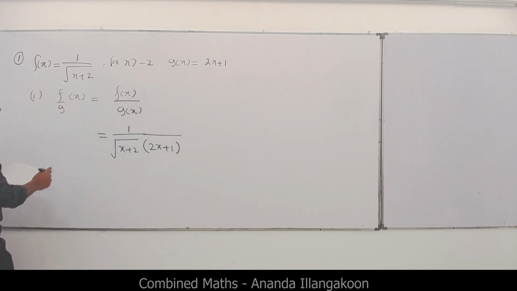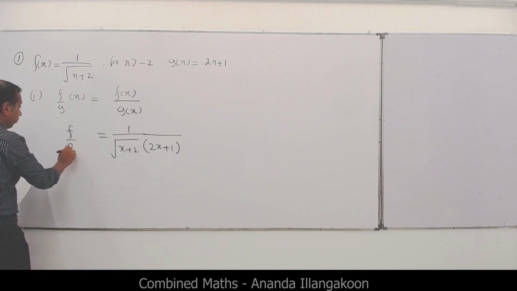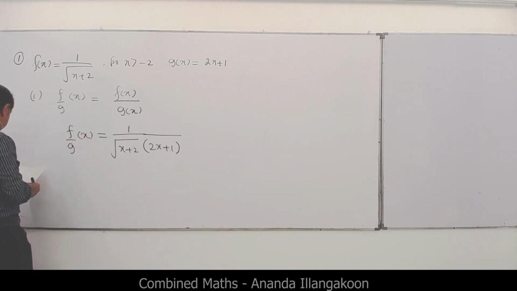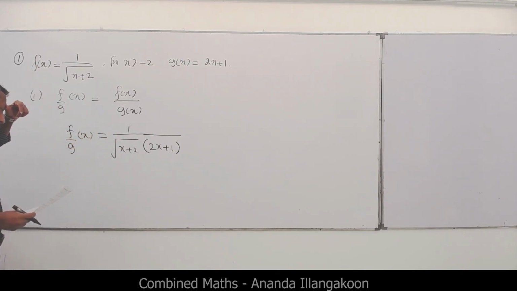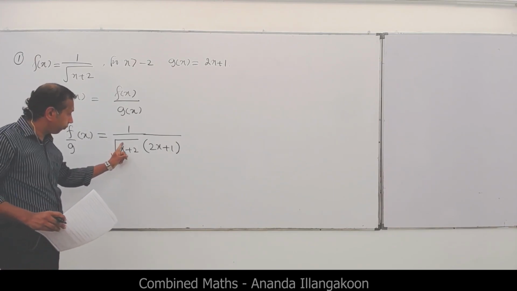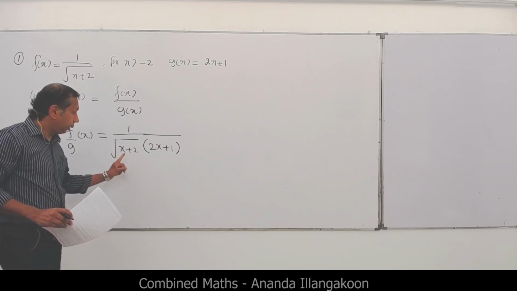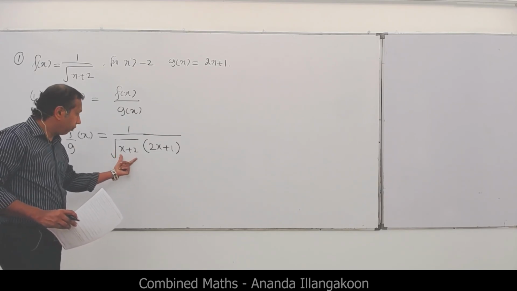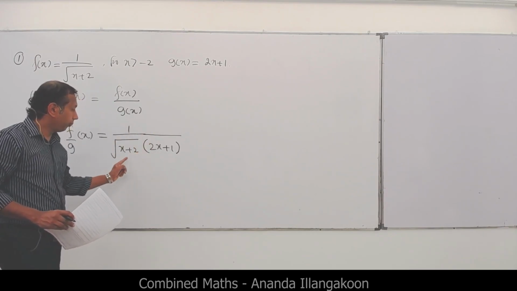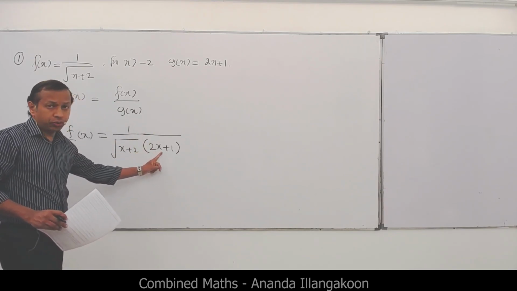Then here f over g(x) is this. Now you know this must be positive, and it can't be 0, because if this is 0, again this has no meaning, and this should not be equal to 0.